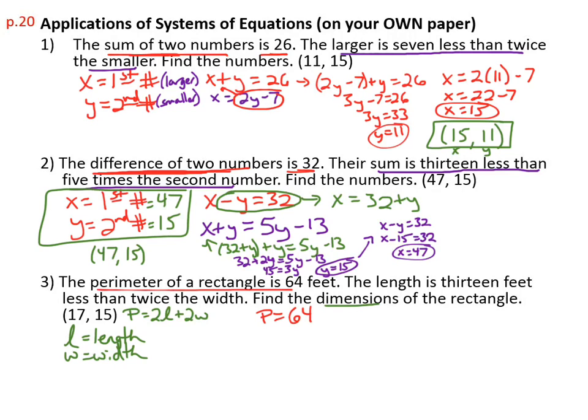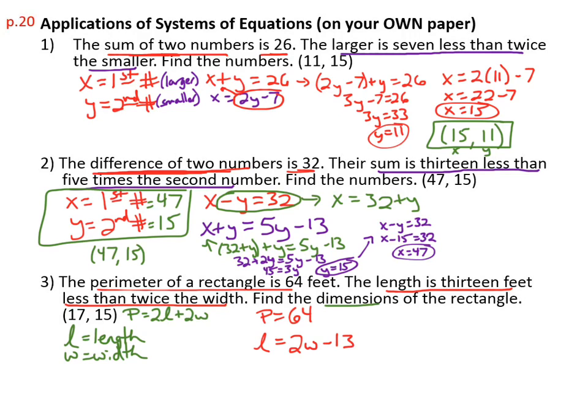Then they're also telling us that the length is 13 feet less than twice the width. So our length is 13 feet less than, or 13 subtracted from, twice the width. So we have L equals 2W minus 13.